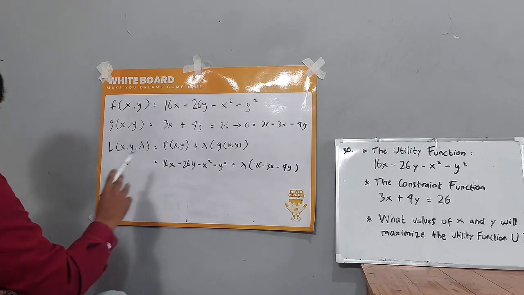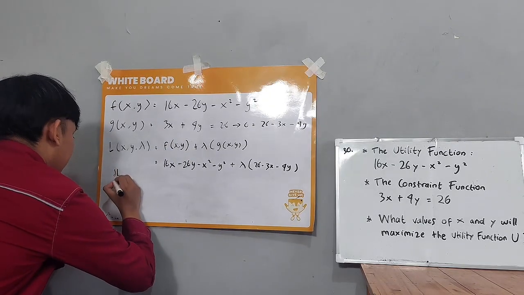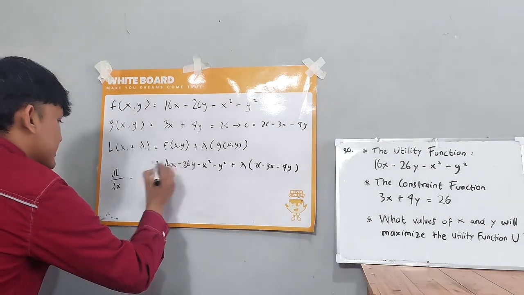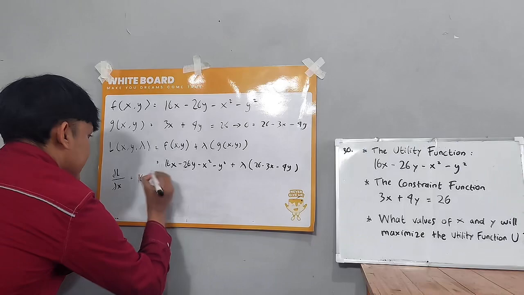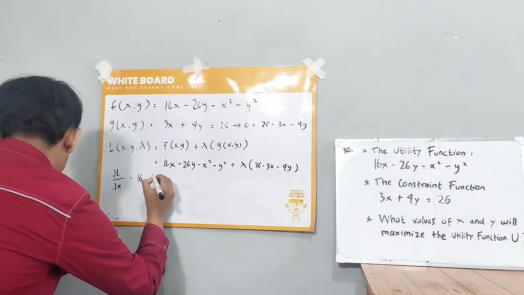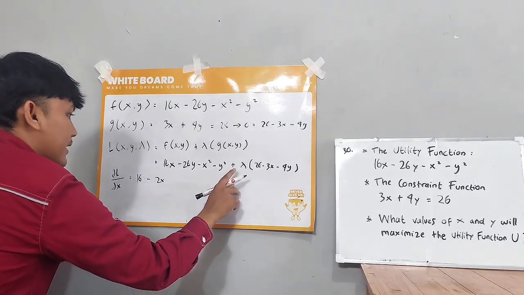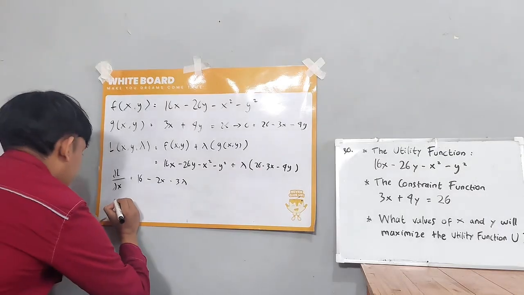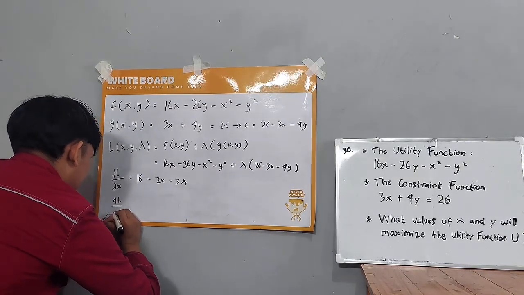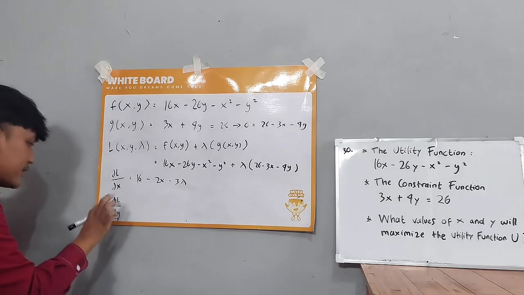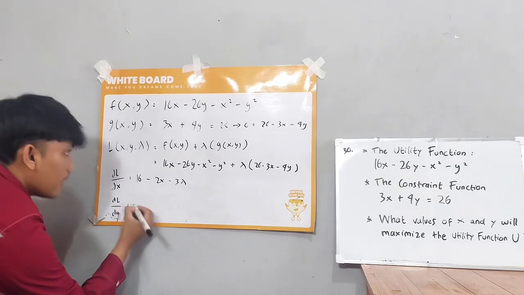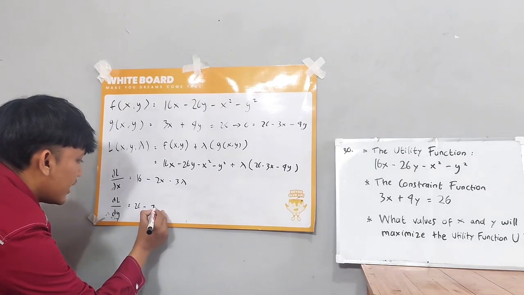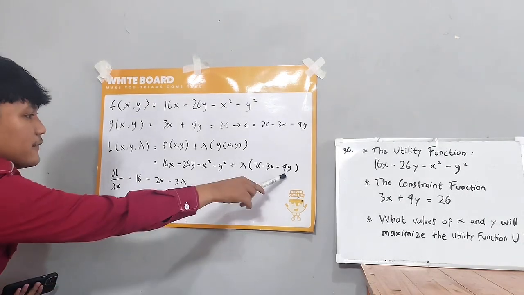First, with respect to x, the partial of L with respect to x is 16 minus 2x minus 3 lambda, and next with respect to y, the partial of L with respect to y is 26 minus 2y minus 4 lambda.